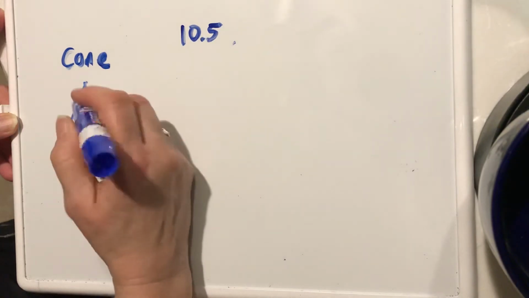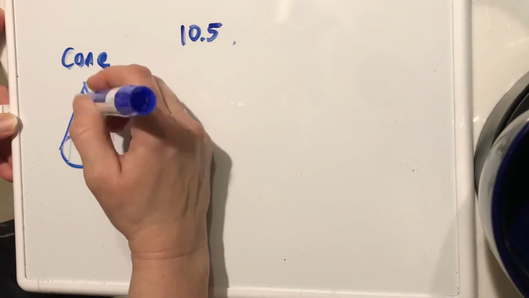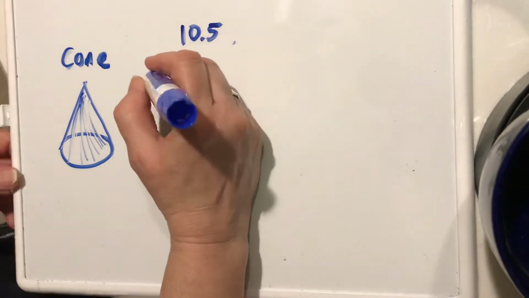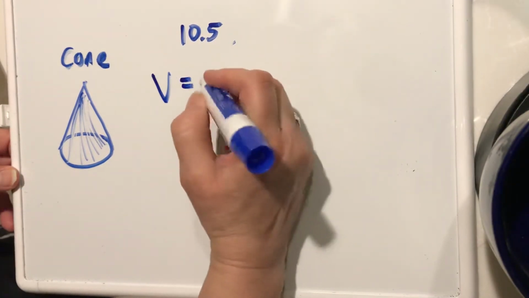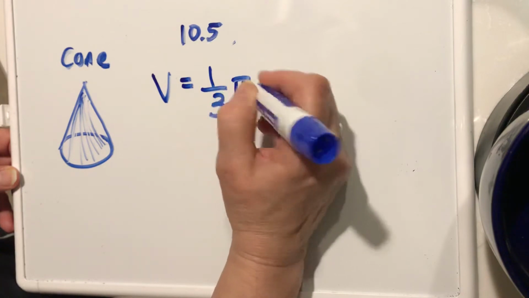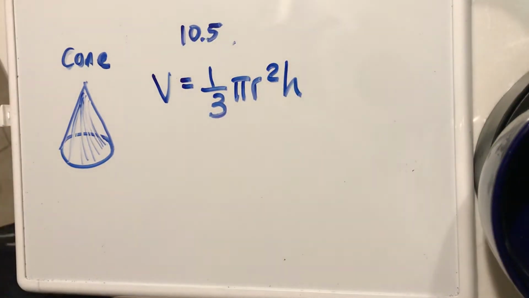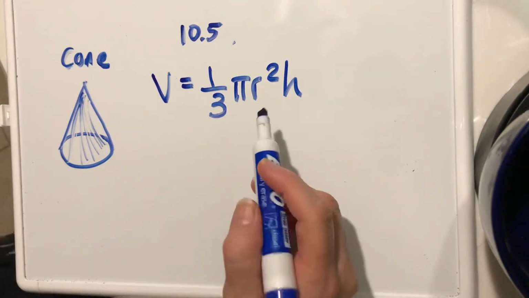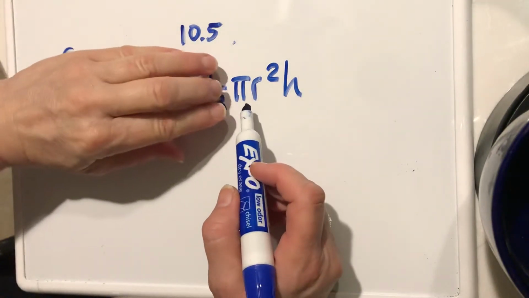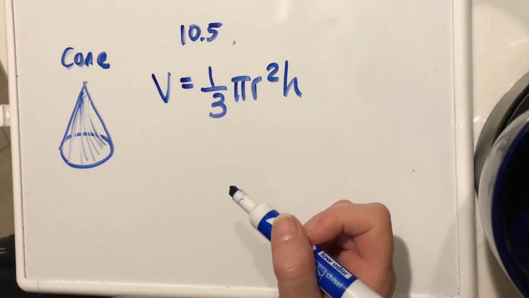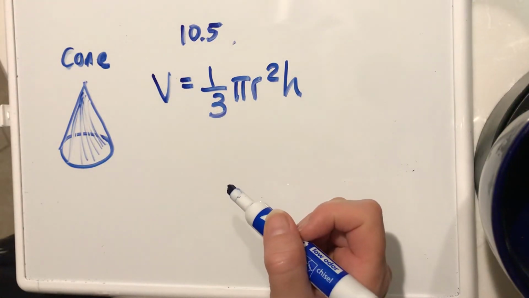And all of this, okay, all of the inside, we want to know how many cubes fit in there. So we have a formula for the cone. Volume equals 1/3 pi r squared times the height. So actually it's the same as a cylinder, pi r squared times height, but now we're going to take 1/3 of that, and that is what the cone is.